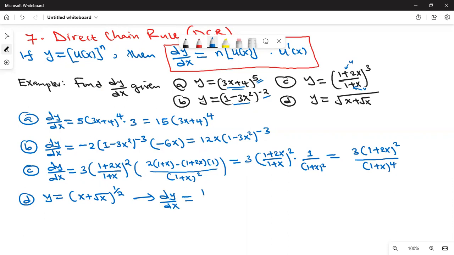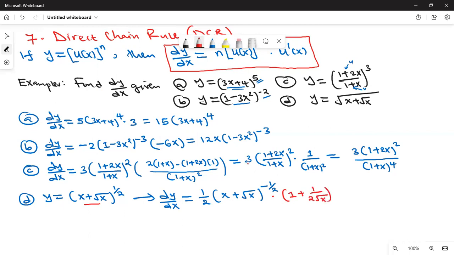You bring down 1 over 2, then the resulting power should be less by 1, so x plus root x raised to negative 1 over 2. Then the next, we differentiate x plus root x, so times derivative of x plus root x, that is 1 plus 1 over 2 root x.